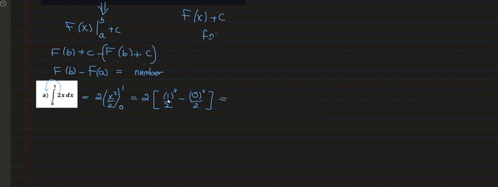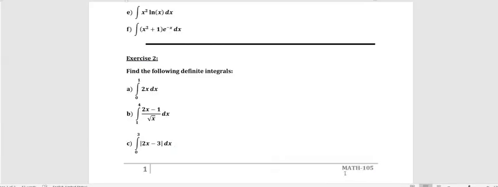And then solving this, here we have 1/2 minus 0. 0 divided by anything is 0, times 2. So this is going to be equal to 1. Very good. So what we did is nothing more than the substitution we do at the end in the problems.